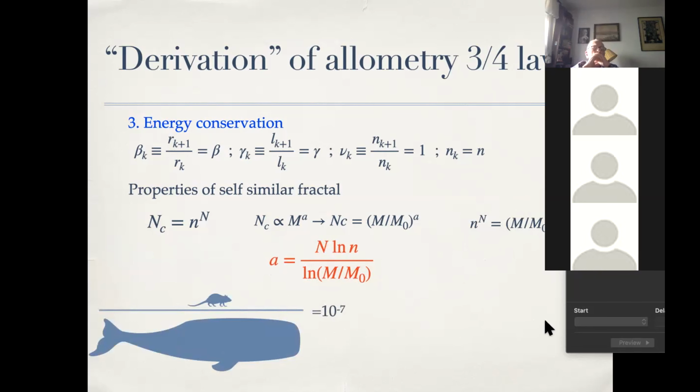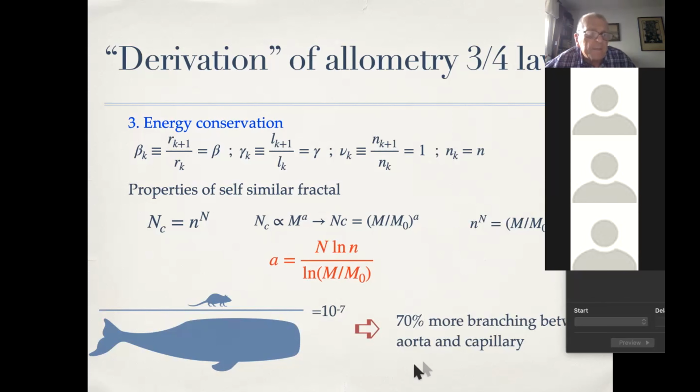Well, that expression is remarkable because it tells me that in living systems, there is a difference between the number of layers, the number of branchings, and the ratio of weights.